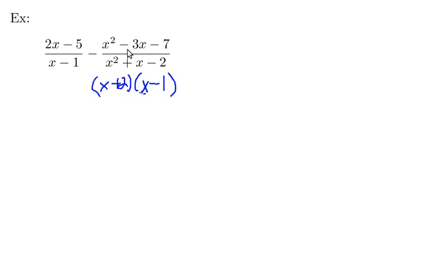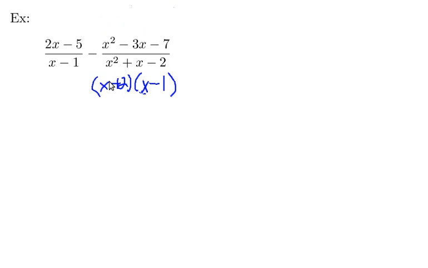To factor this, you'd have to have (x + something) times (x - something). So you'd have a positive number and a negative number that multiply to make -7. Well, 7 is prime, so it's going to be either 1 and -7 or 7 and -1, but neither of those add up to make -3. So that means this can't be factored using whole numbers.